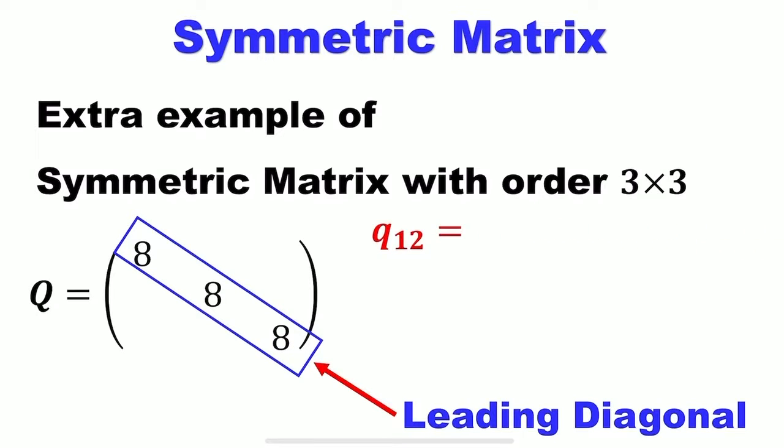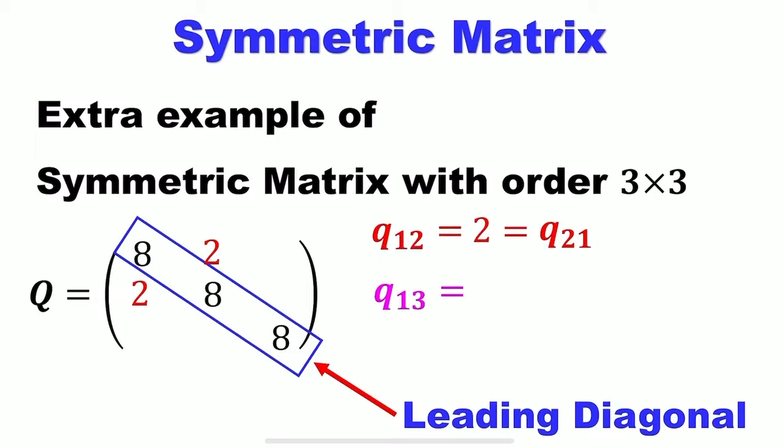Q12, the entry at row number 1, column 2, is equal to 2, where it reflects to the entry Q21, which is the entry at row number 2, column number 1.